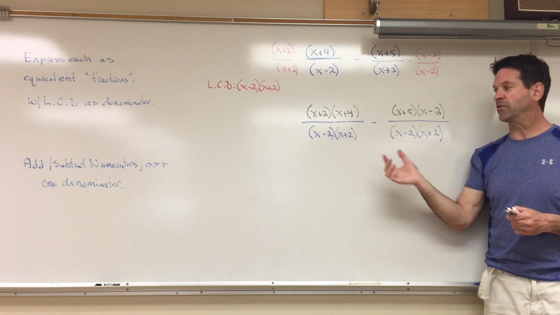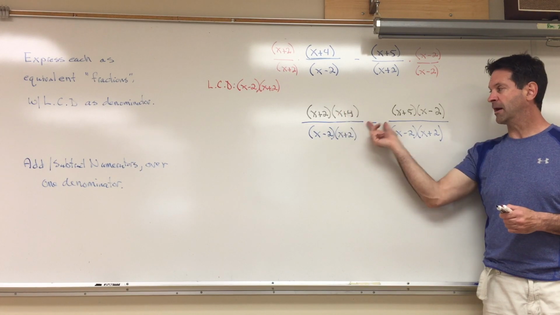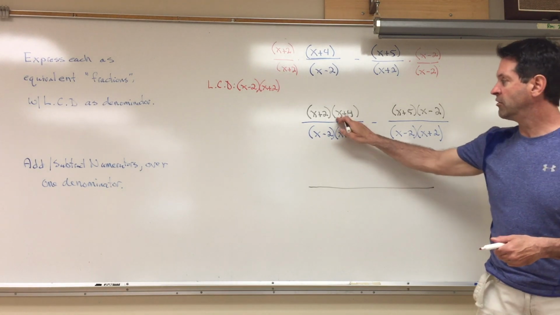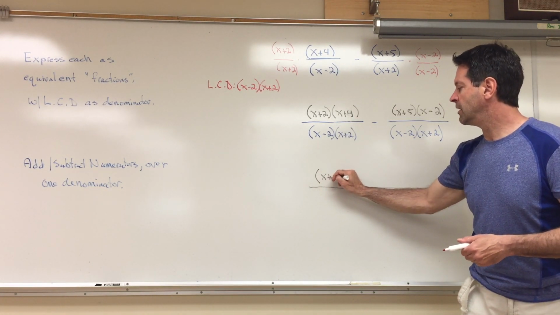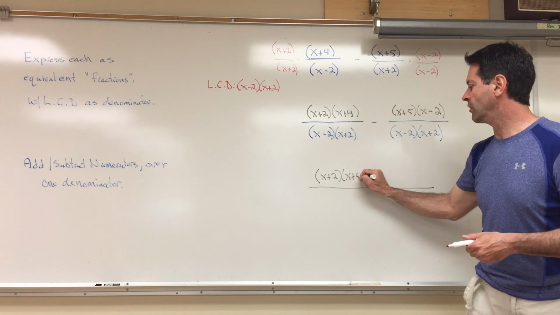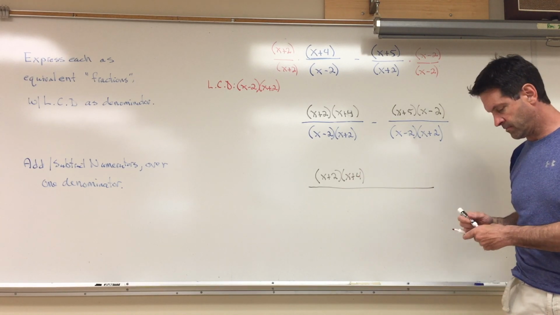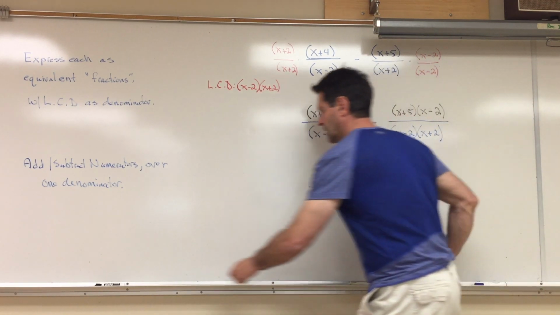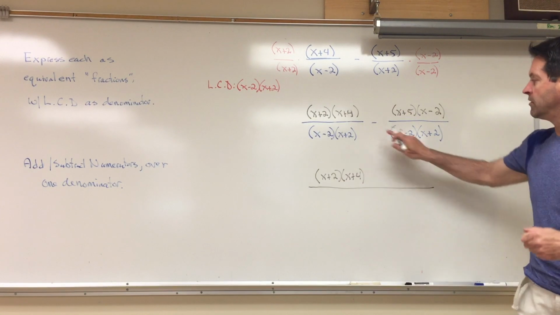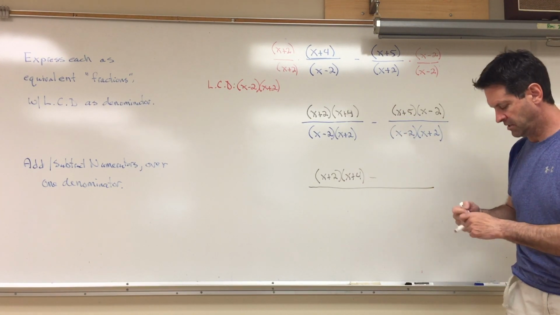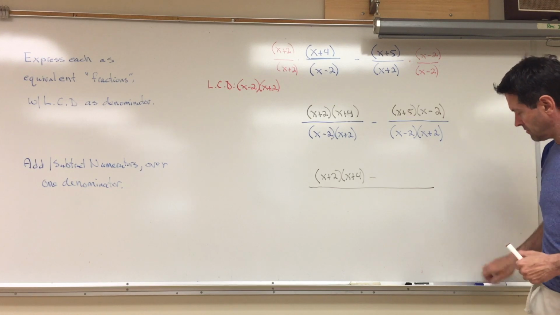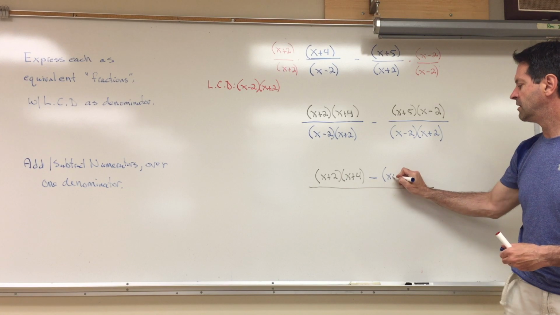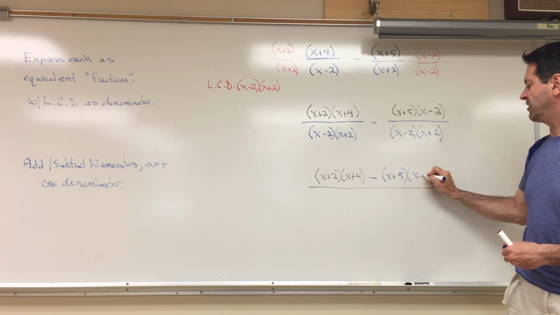Now what would we do with fractions? Well, if we had a common denominator, we'd subtract the numerators over one denominator, and that's what we're going to do here. Subtract the numerators, leaving them in their factored form right now. x plus 2 times x plus 4, subtraction sign, x plus 5 times x minus 2.